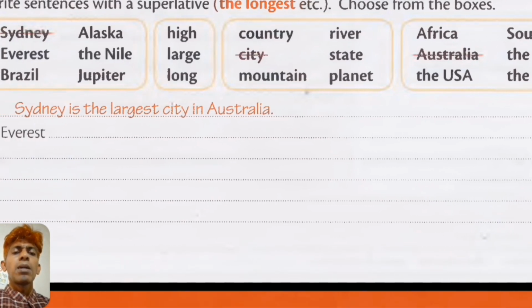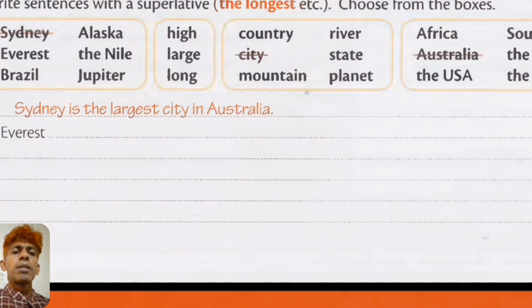Okay, Alaska. Alaska is the largest state in the USA. Next one.